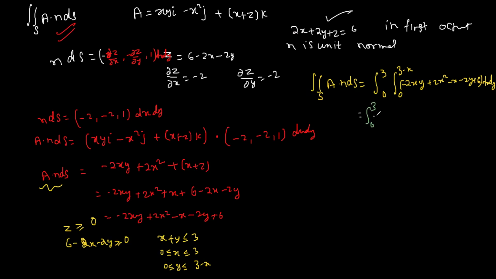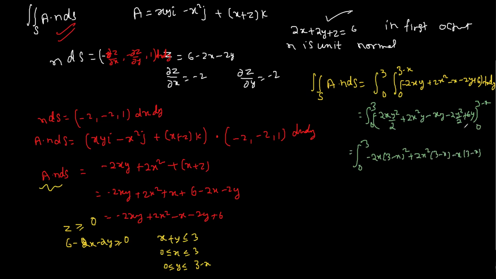First, integrate with respect to y: 2x square y minus xy minus y square plus 6y, dx.